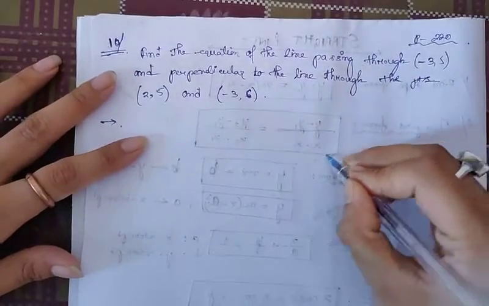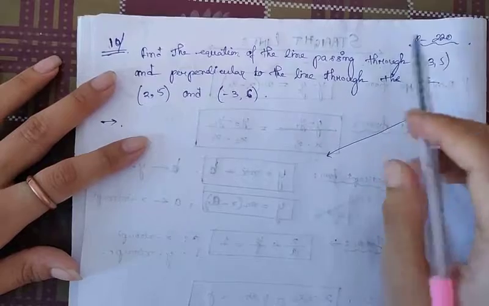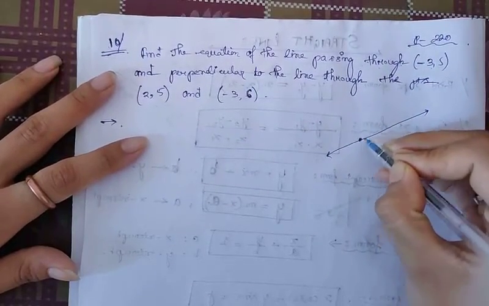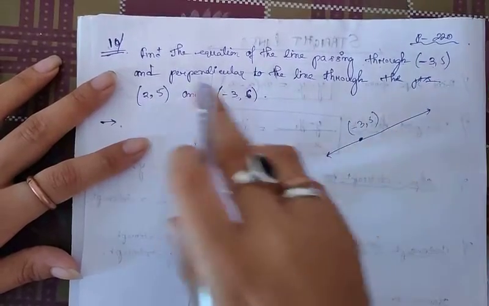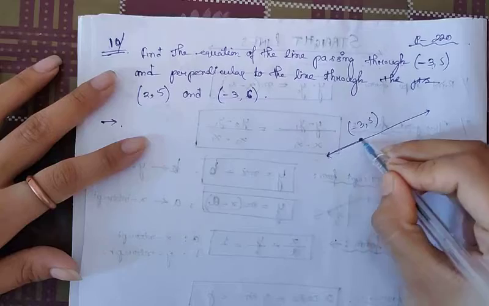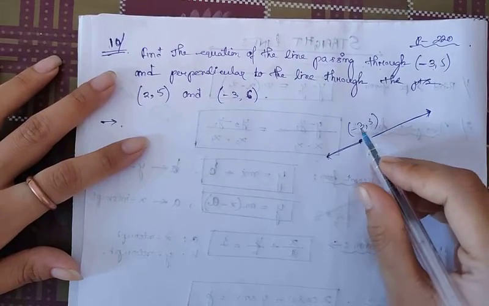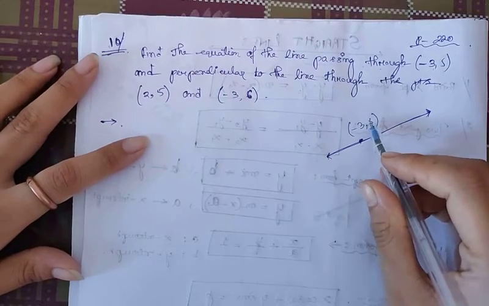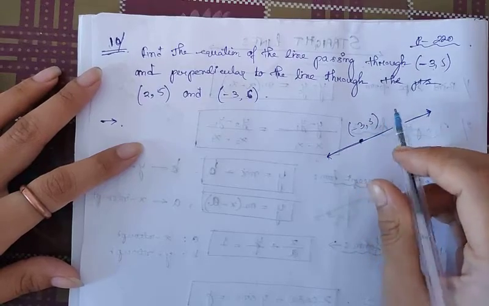So say this is our line, we consider any line and according to the question this line passes through the point minus 3, 5. I mean, this is not the exact position, but we are just considering the point as minus 3, 5.